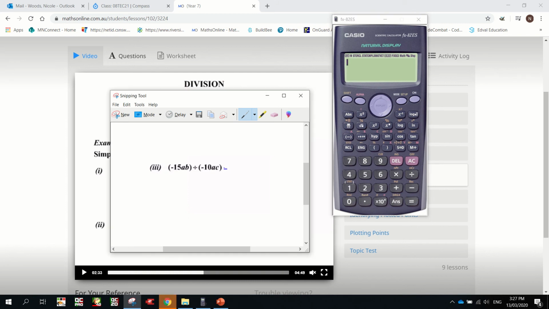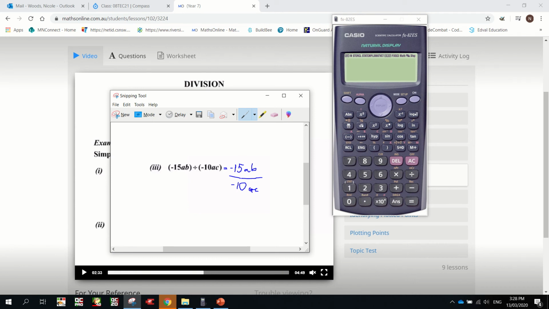So equals minus 15ab divided by minus 10ac. That's an a, sorry, that looks very messy.